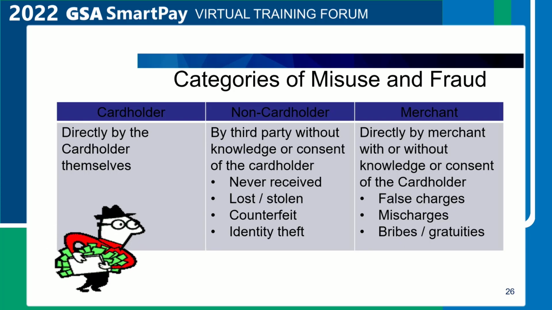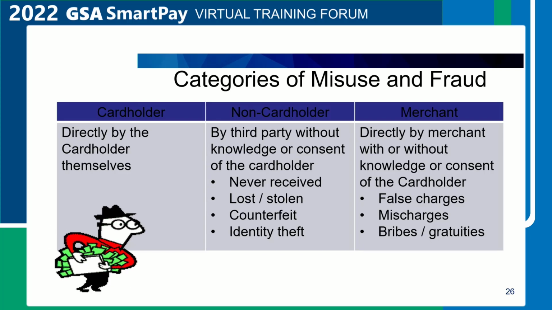Misuse includes exceeding purchase limits, making purchases for personal reasons. Most of the time it's intentional. It can be unintentional, but that would be considered misuse. I reiterate, it's not worth misusing your card. That's why I like to keep my card in a secure drawer in my house so that I don't have it in my wallet and it can't get misused.